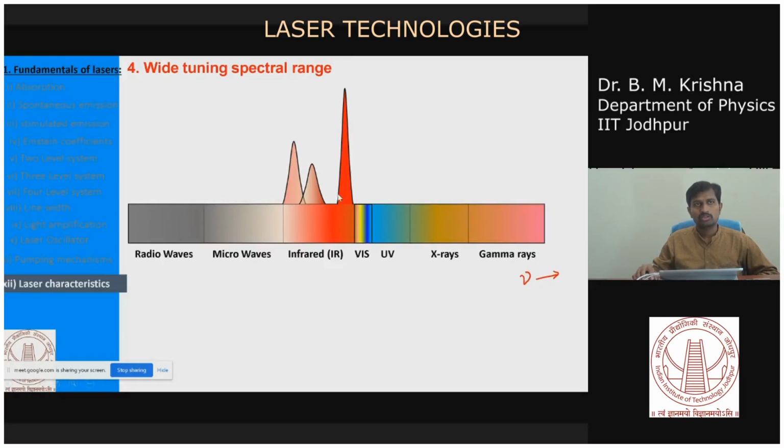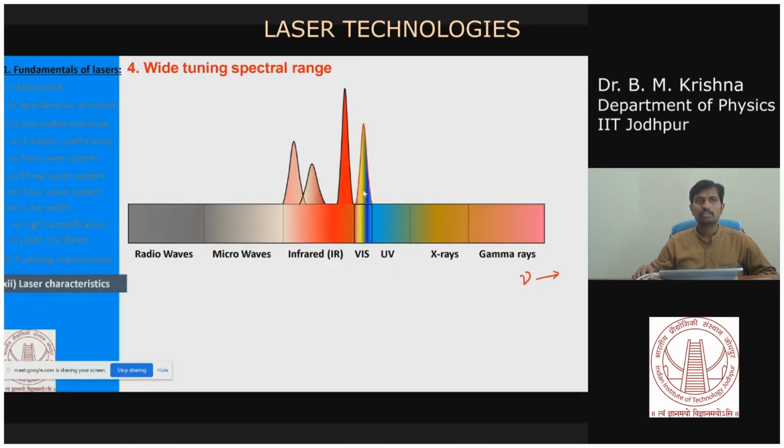Now these are the tuning ranges of the lasers, some of which cover the near infrared region. So these are the mid IR, and this is far IR, and this is the coverage of near IR, and this is your full visible spectrum.